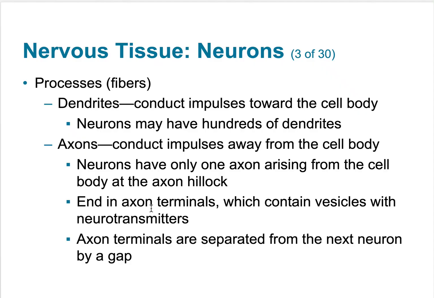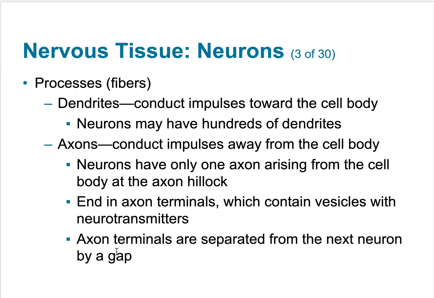Okay, they end at axon terminals, which contain vesicles with neurotransmitters. We've already talked about this. Remember, we talked about the vesicles having acetylcholine in them. Okay, and that's what's at the axon terminals. The axon terminals are separated from the next neuron by a gap, and what kind of gap do we call that? That's what we call the synaptic cleft.